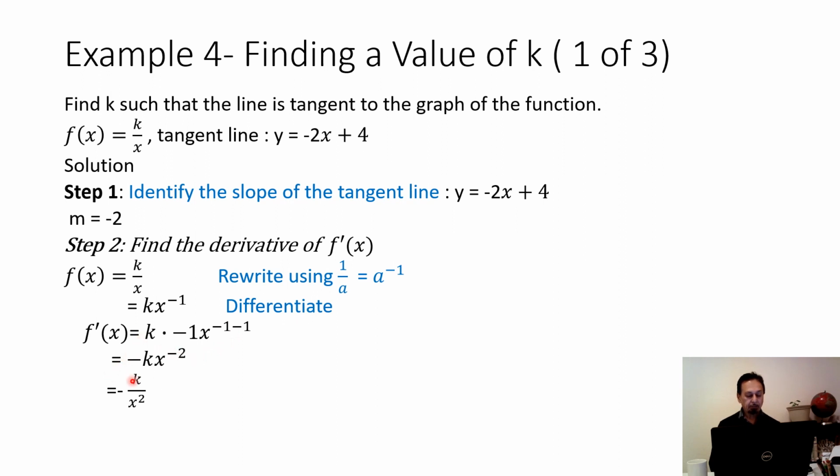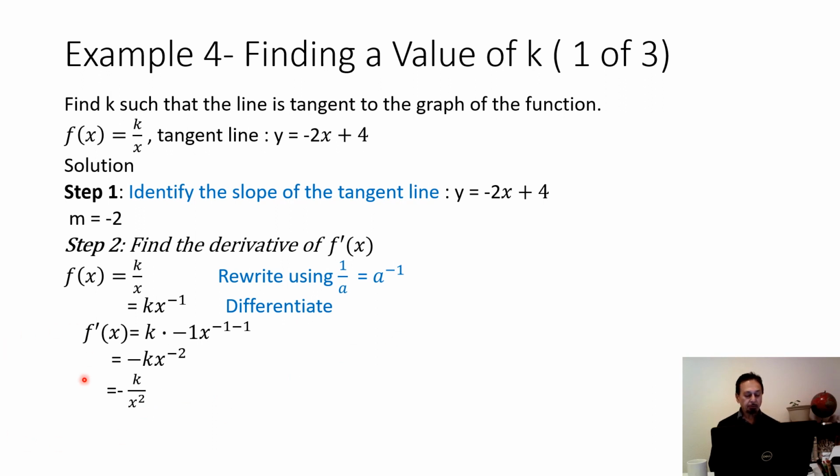So k times negative 1 is negative k, and this becomes x to the negative 2. Now apply the negative exponent rule again: move it to the bottom, making it k over x squared. So the first derivative is now negative k over x squared.